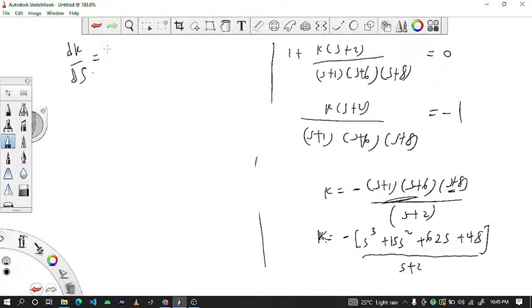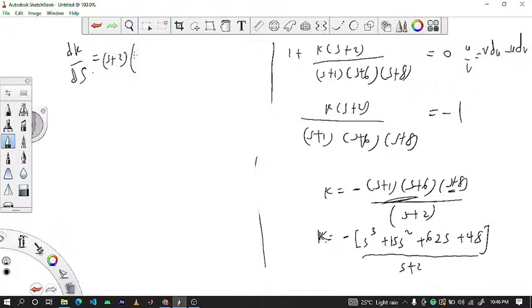So if I find the K, the S, this is a quotient, so I'll do the quotient rule. If you have U over V, it becomes down times differentiate the top minus top times differentiate the down. If you say it in English, it's simpler. So I'll have the down times differentiate the top.